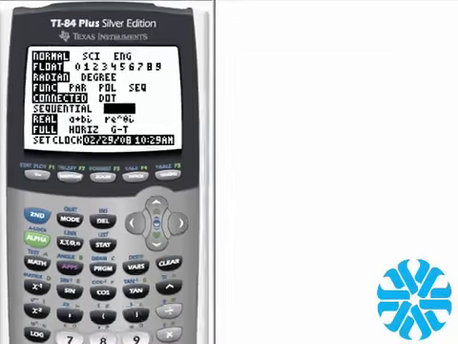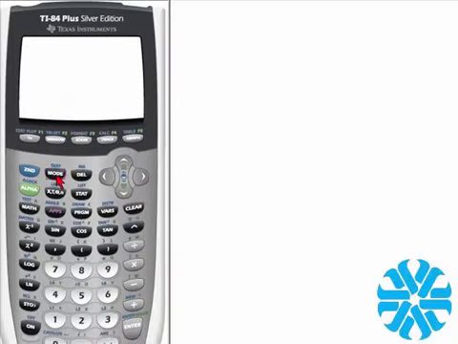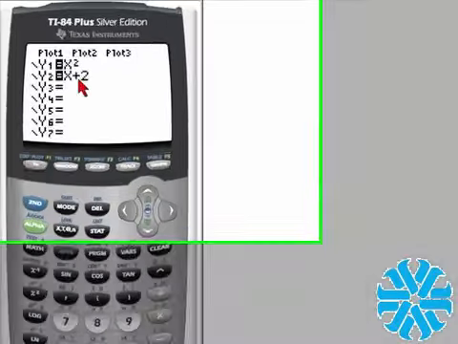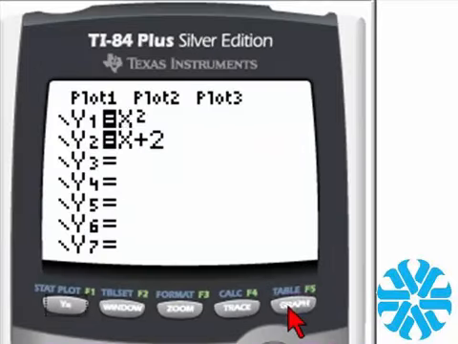Select Enter, and then we will quit, and then select y equal, and you can see both the functions are in there. And if we hit Graph, what will happen is both of the functions will show up at once, all at the same time.